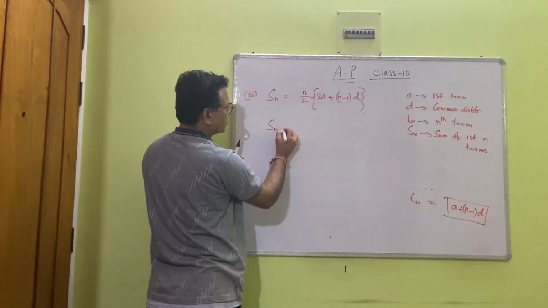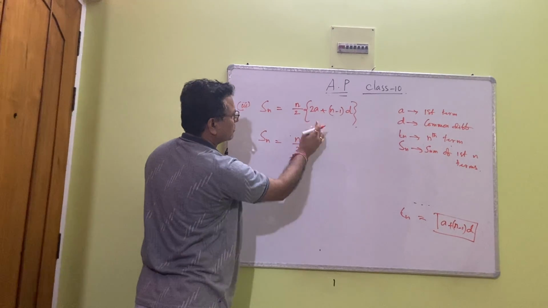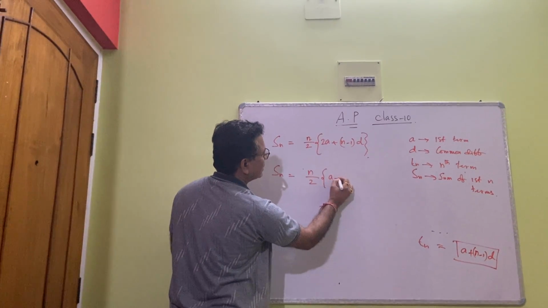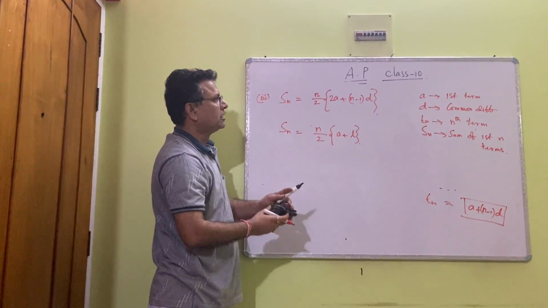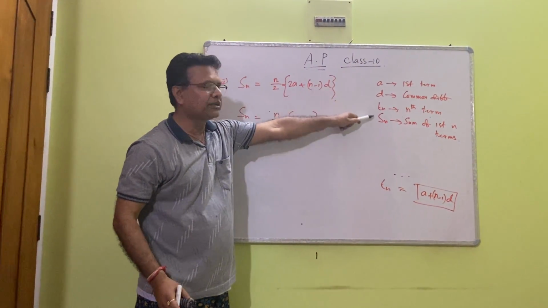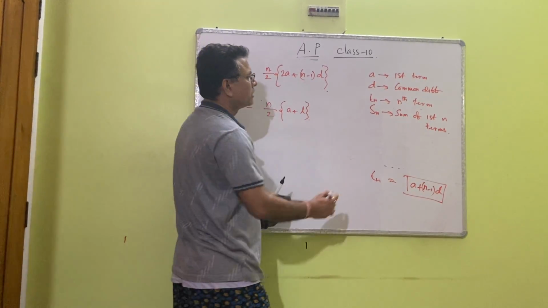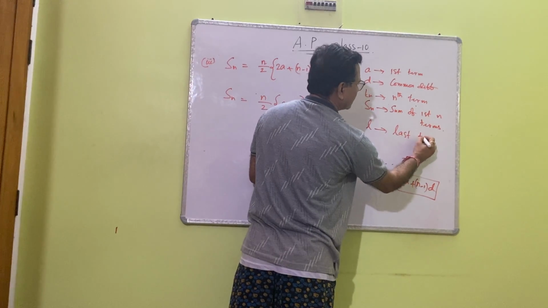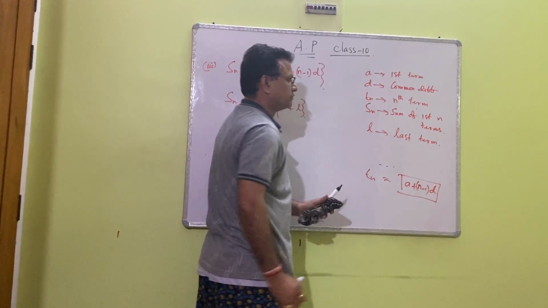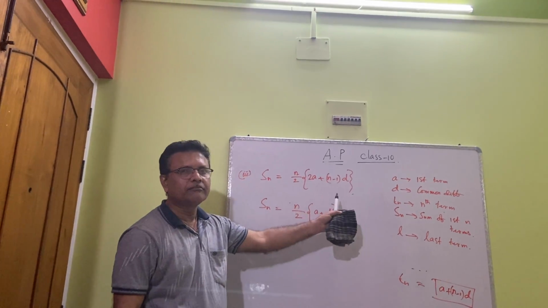And another formula, Sn is n by 2 into a plus l, coming from here only. I have defined all the terminologies, now the new terminology has come, L. So remember, L means last term. Sometimes we say L means last term, meaning nth term also.